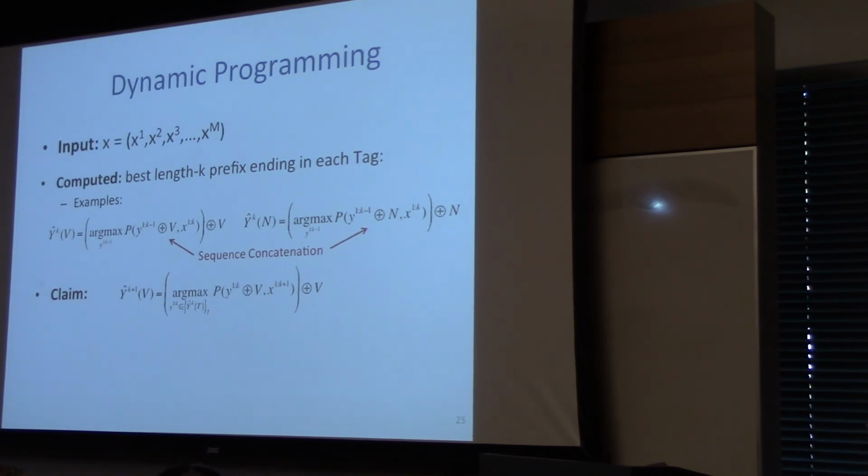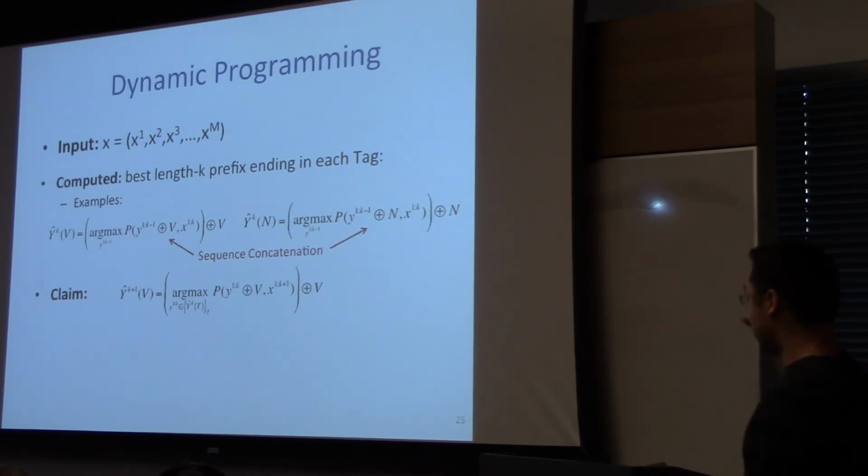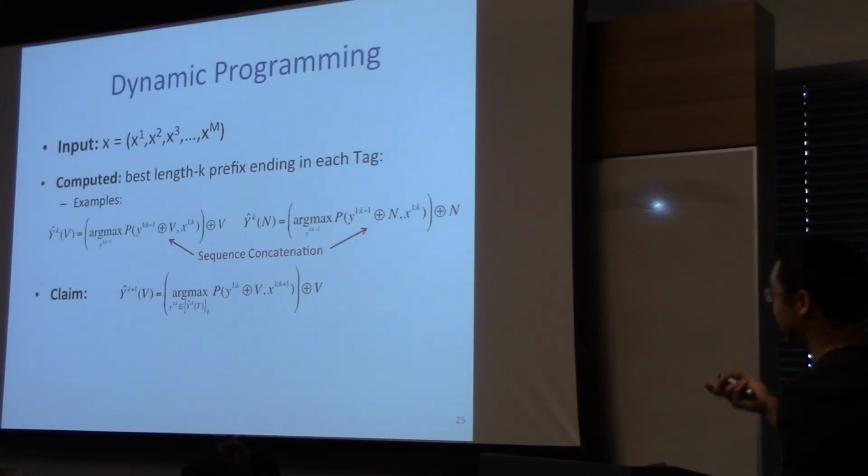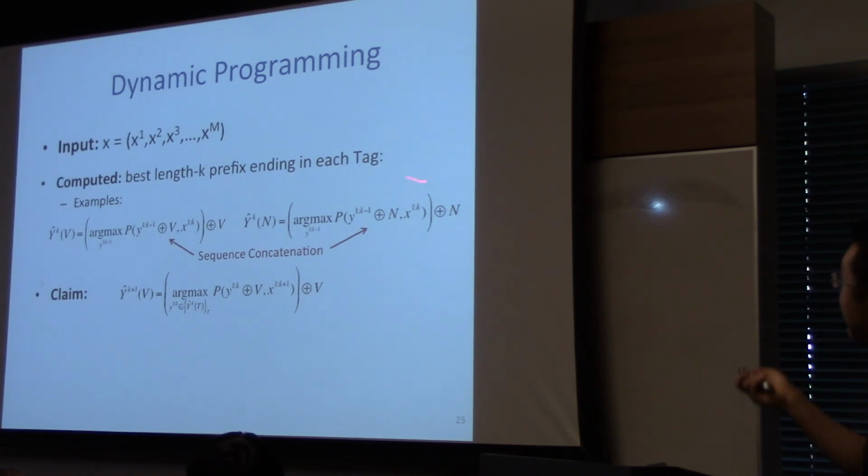The dynamic programming claim manifests itself differently for different problems, but for the Viterbi version for hidden Markov models, the claim is that once I've already computed the best possible sequence of length k ending in verb, ending in noun, and so on, it's easy to compute the best possible sequence of length k plus 1 ending in verb and noun, and so on.